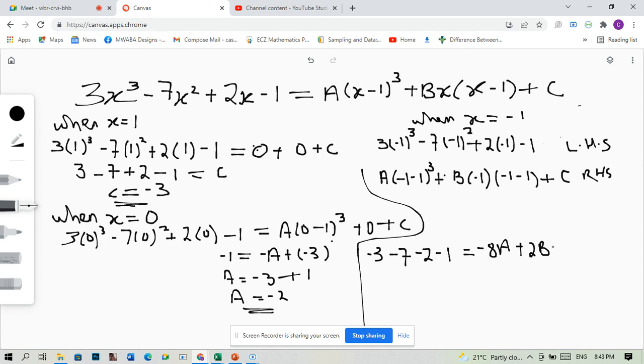And c is negative 3. So on the left, negative 3 minus 7 gives us negative 10, minus 2 is negative 12, minus 1 is negative 13.